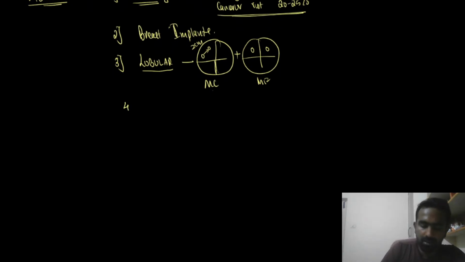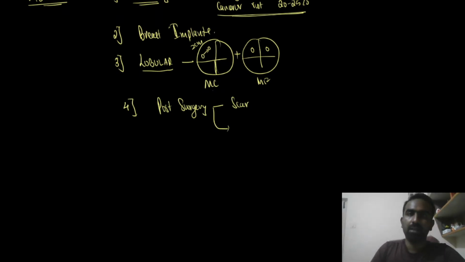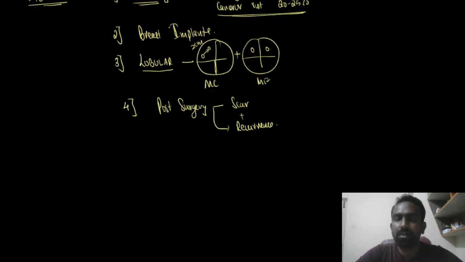What are the other indications? In the post-surgical patient, we have a scar. In case of scars, we use MRI to differentiate it from recurrence. It can be collagen deposits or fibrosis, which look like a recurrence.